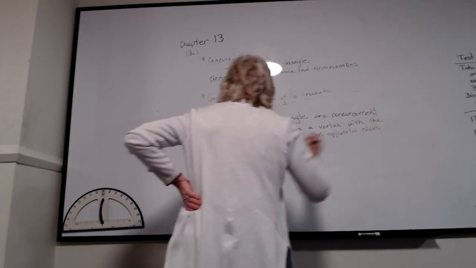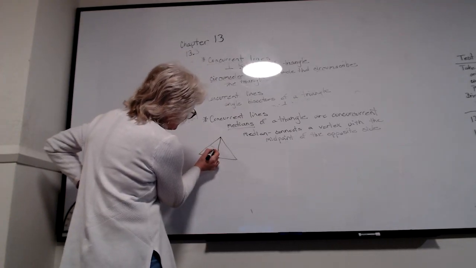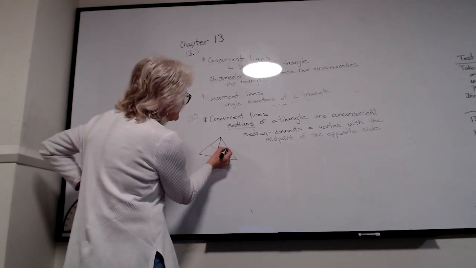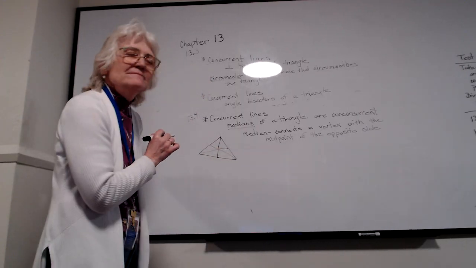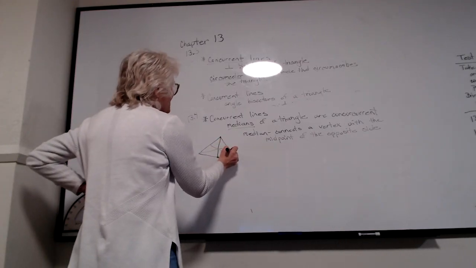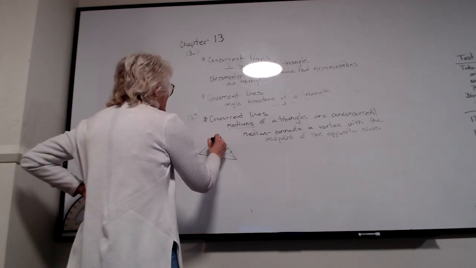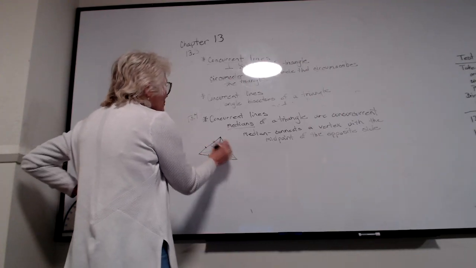If I take the midpoint of this side, which is approximately there, the midpoint of this side, see my beautiful drawing? The midpoint means these 2 are equal on each side. But they're not perpendicular.